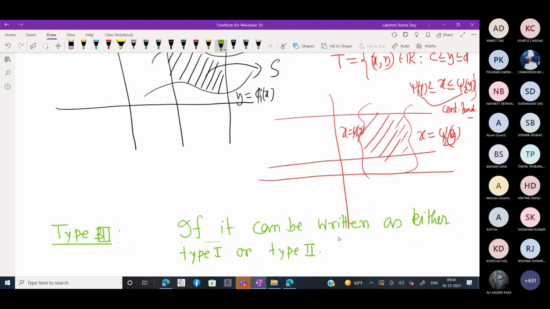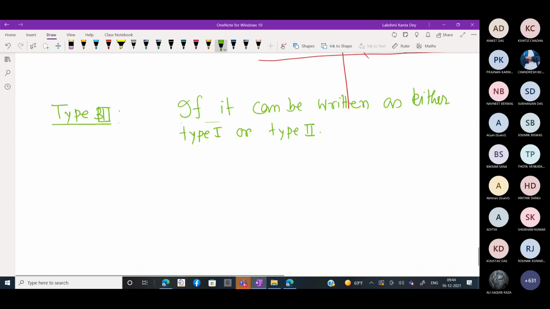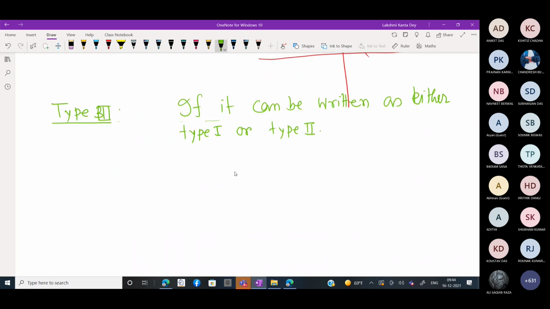That means there are some regions. Say for example, suppose this thing, and it is like this. This picture is not up to the mark.